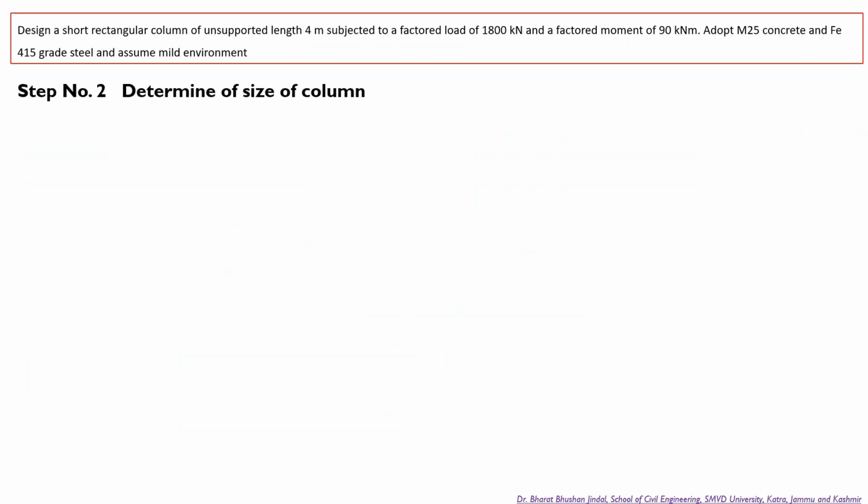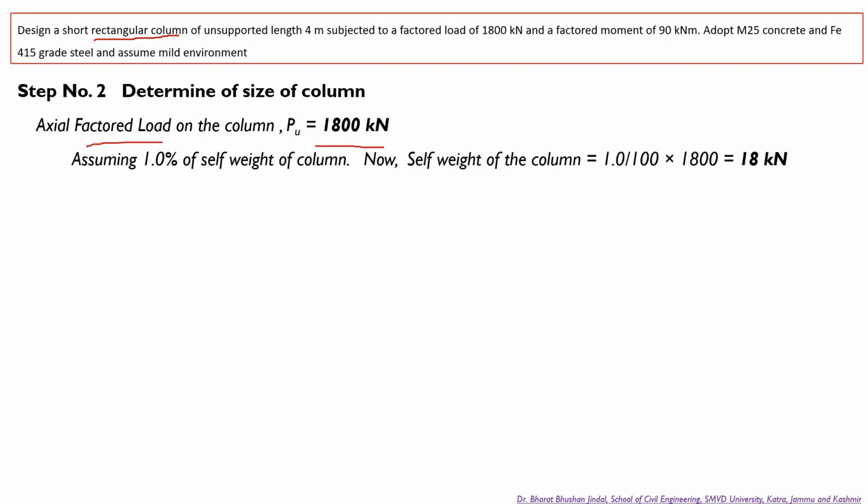Now in step number 2, we have to determine the size of the column. As we have discussed, we have to design a rectangular column. The factored axial load is given as 1800 kilonewton, and based on the loading system we can make an assumption.